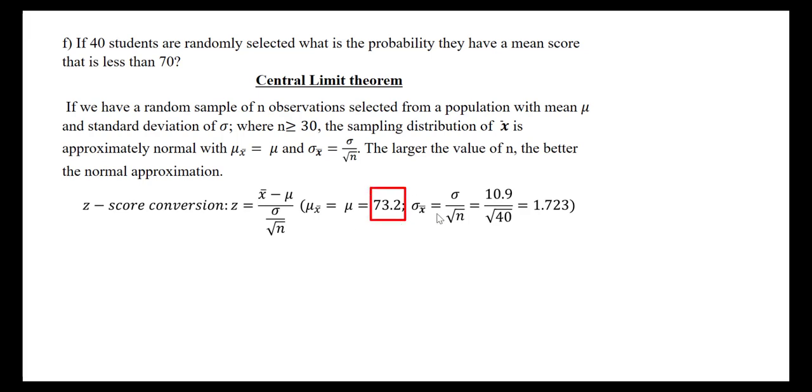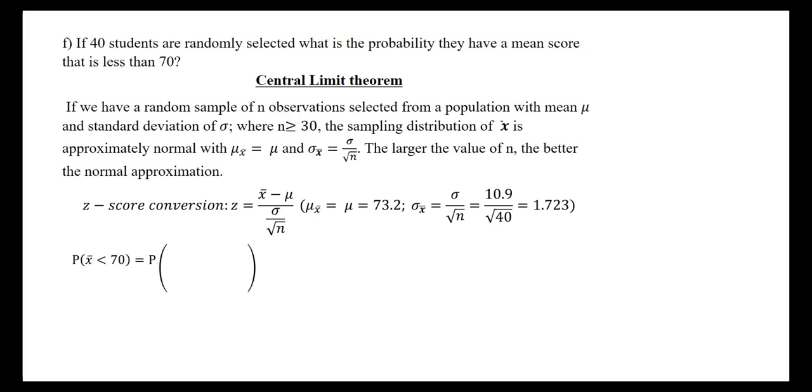And my sigma x bar will be sigma, which from the question is 10.9, over square root of n, which is 40. When we put that into the formula, we compute sigma x bar, and it gives us approximately 1.723. Then we can find a z-score value associated with 70.